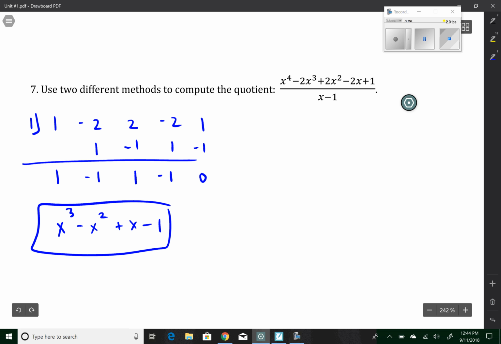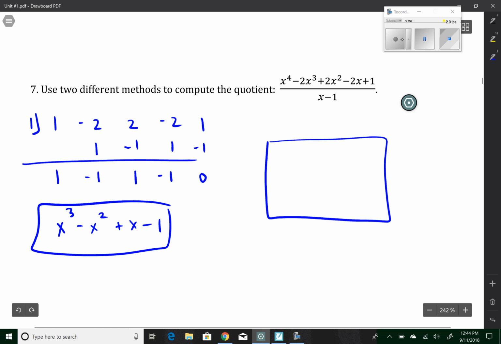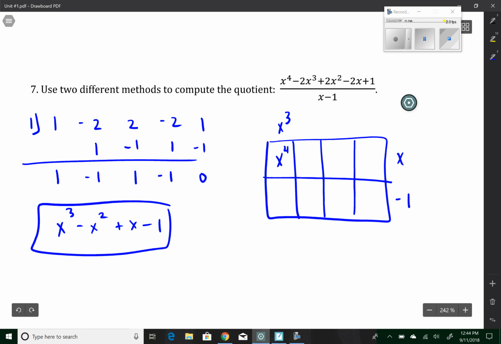An alternate process would be the tabular method. Since we did long division, I'll do tabular here. So for the tabular method, I know I'm going to have x and minus 1. I need x to the 4th to be my first term. So I need an x cubed, x squared, x, and constant column. The next box I know is negative x cubed here.